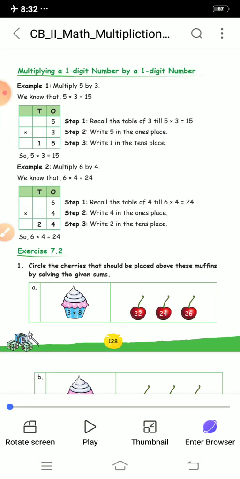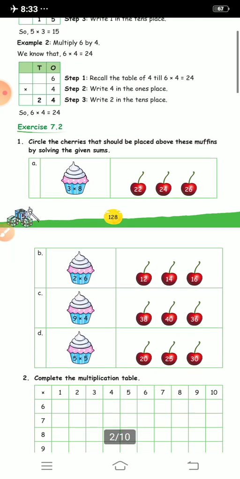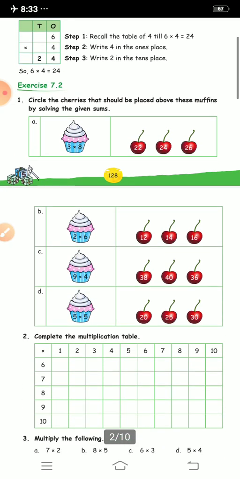So now let's do the exercise 7.2, which is circle the cherries that should be placed above these muffins by solving the given sums. So 3 by 8. Here you will recall the table of 3, right?